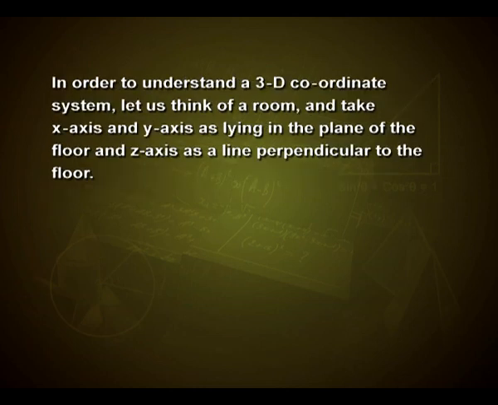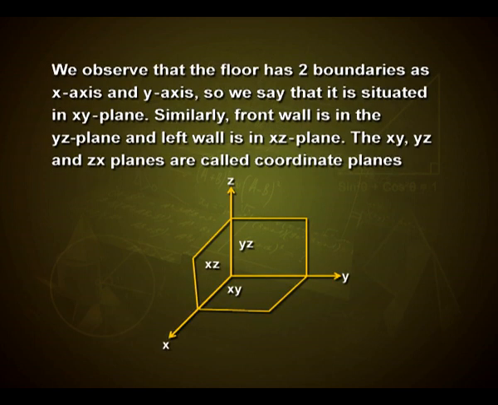In order to understand a three-dimensional coordinate system, let us think of a room and take the x axis and y axis as lying in the plane of the floor and the z axis as the line perpendicular to the floor. We observe that the floor has two boundaries as x axis and y axis.